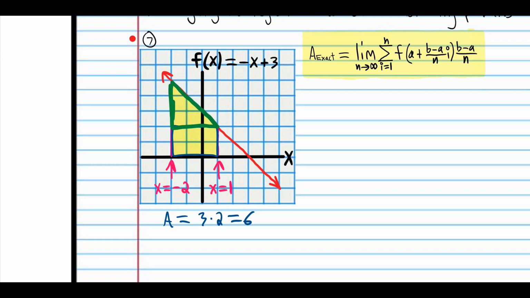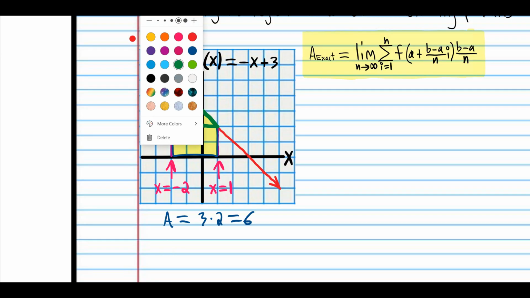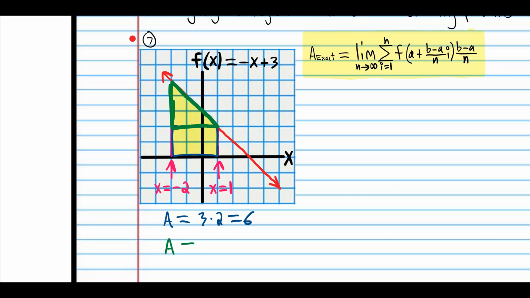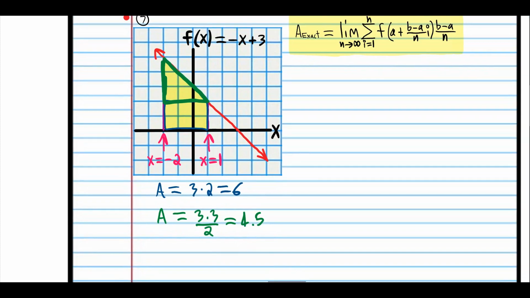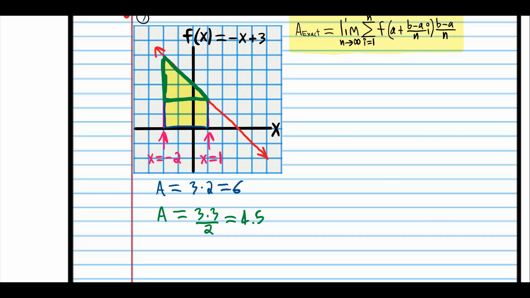And then the area of the triangle, the base is 3, and then the height is 3. And you divide by 2, because remember, area of a triangle is base times height divided by 2, so we get 4.5. If you add those together, we get 10.5.